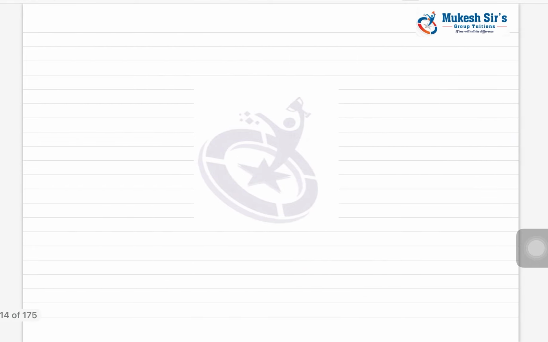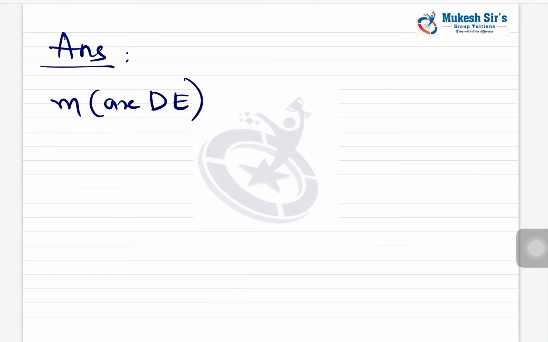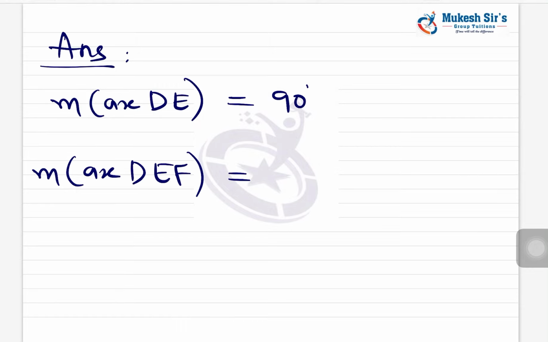So if you want in exams, you can write the final answer there. You got two answers. Measure arc DE is equal to 90 degrees and measure arc DEF is equal to 160 degrees. Clear to all?